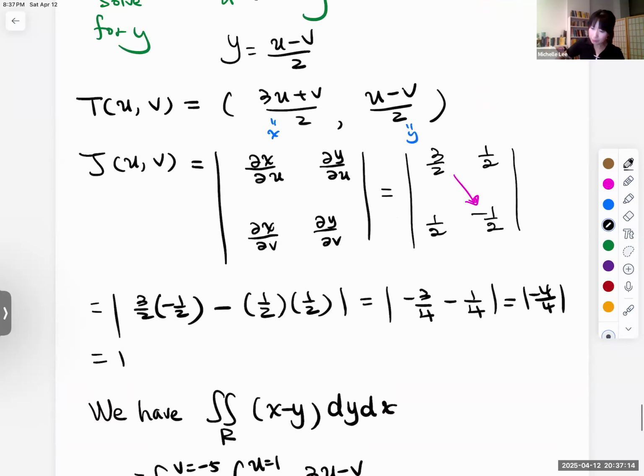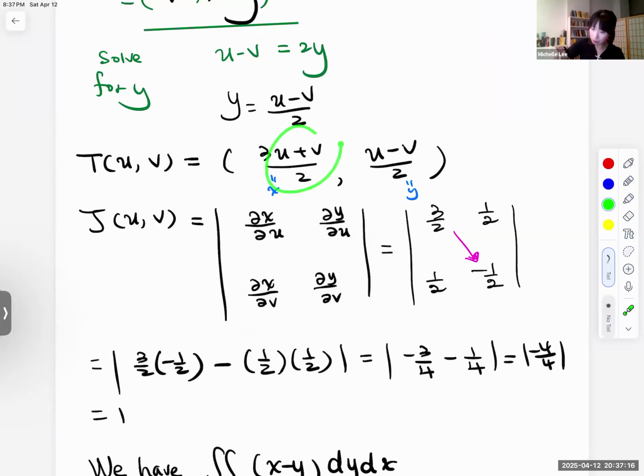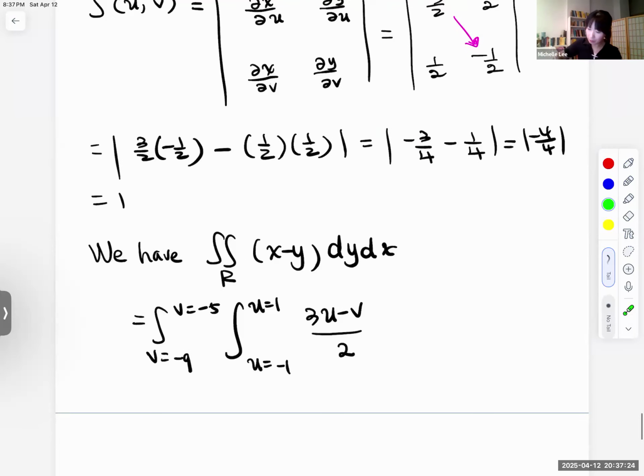This is from the previous. And y equal to u minus v over 2, right? Minus, then u minus v over 2. du dv, right?